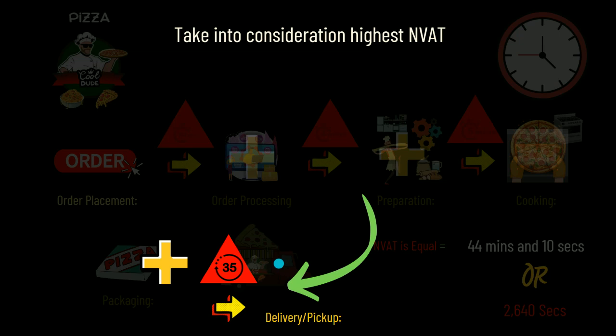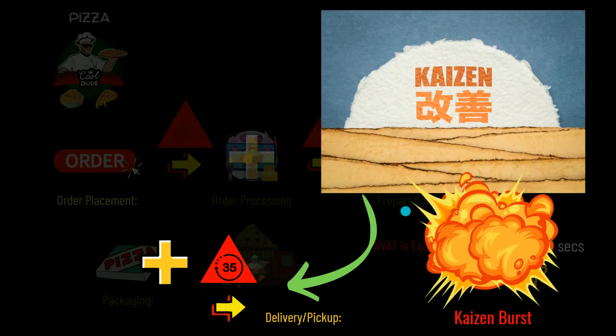Maybe you want to look at not overhauling a process, but focusing on little things or little steps that you can improve. So maybe it doesn't have to be the highest NVAT or the highest wait time. When we look at this, you can use a Kaizen in any type of evolution. But we put a Kaizen burst there to give our team a focus point for continuous improvement.